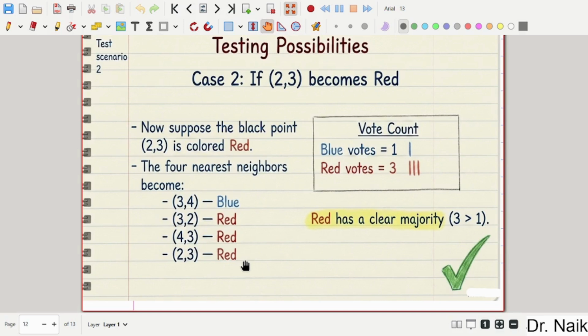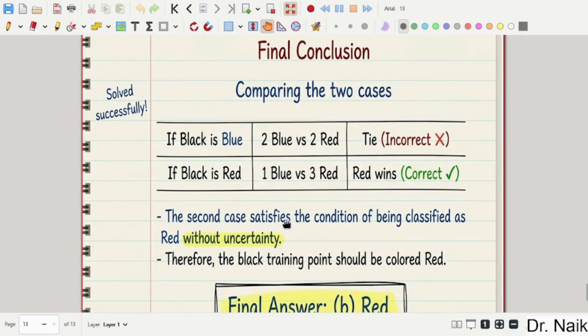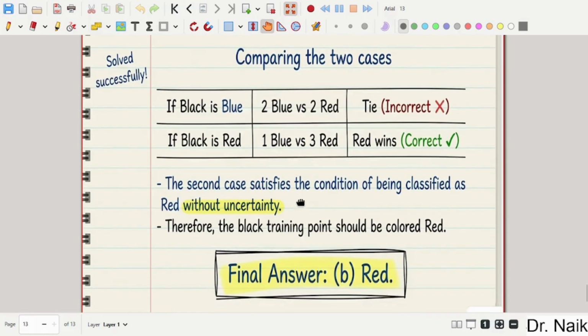So clearly red has the majority because 3 is greater than 1. Our final conclusion is that the second case satisfies the condition of being classified as red without uncertainty. Therefore the black training point should be colored red. So our correct answer is option B, red. Thank you.